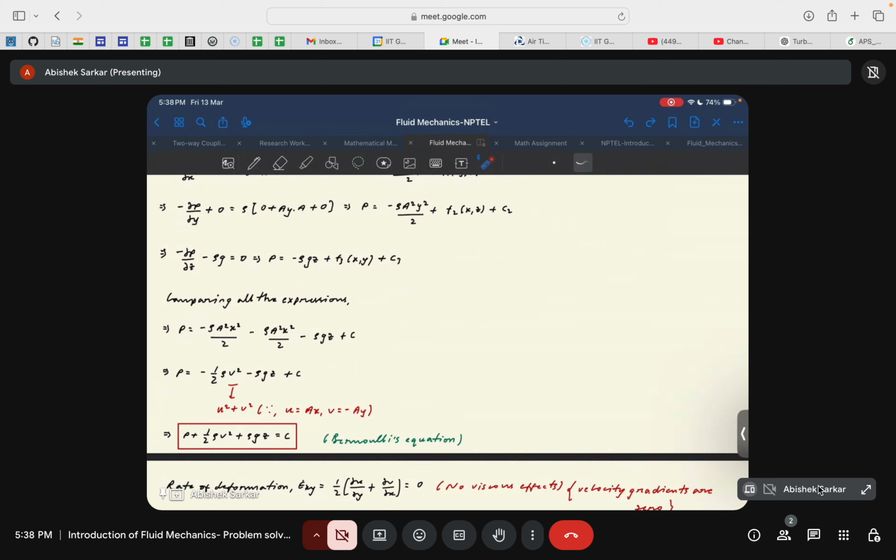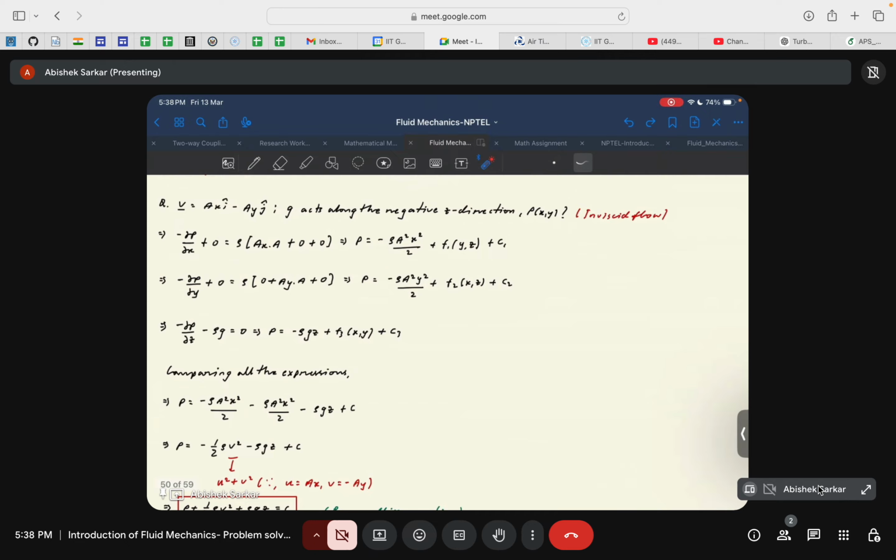Okay, now similar to what we have done in the case of stream functions and velocity potential, if you remember, for partial derivatives we compare the arbitrary functions that we get after the integration and see which satisfies the case.